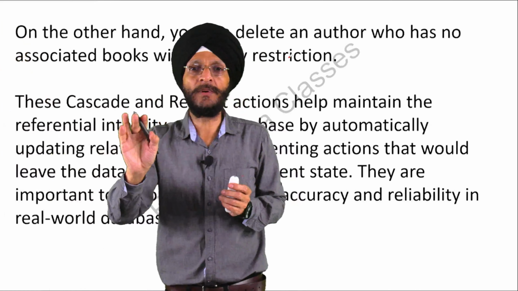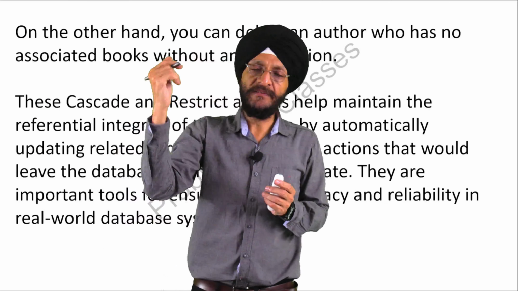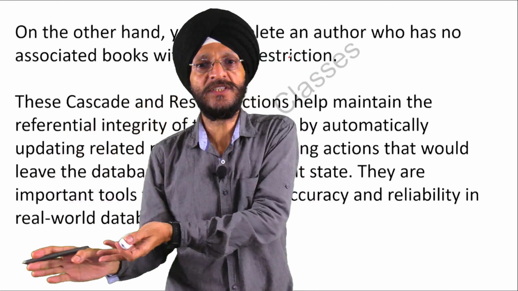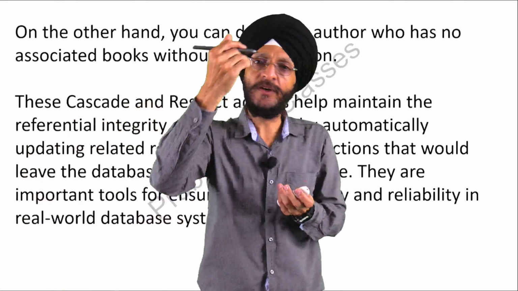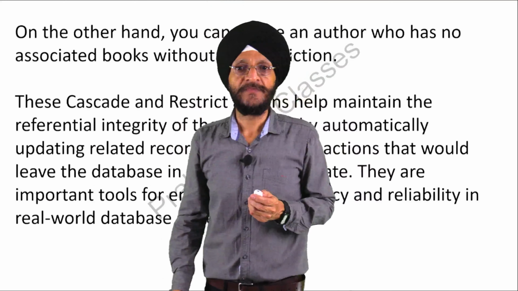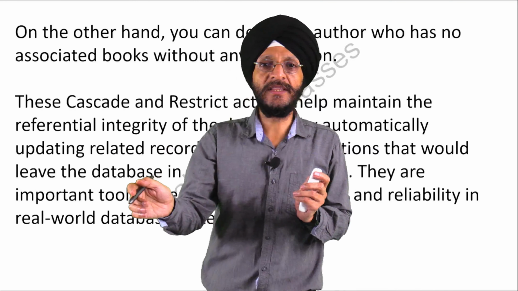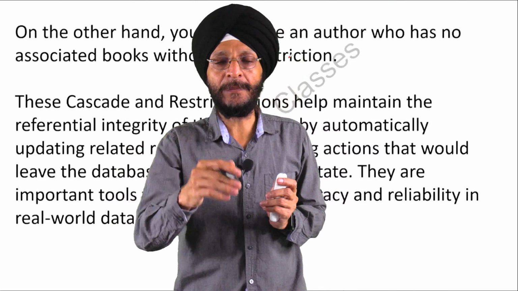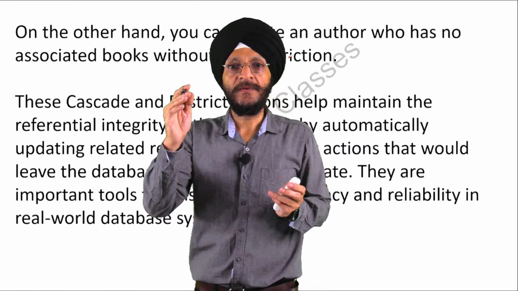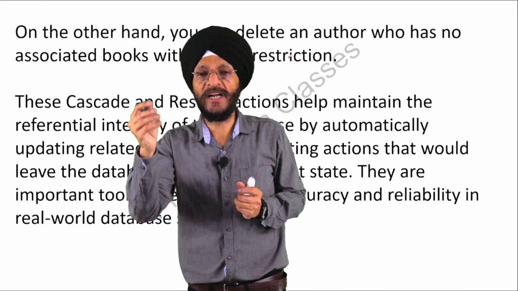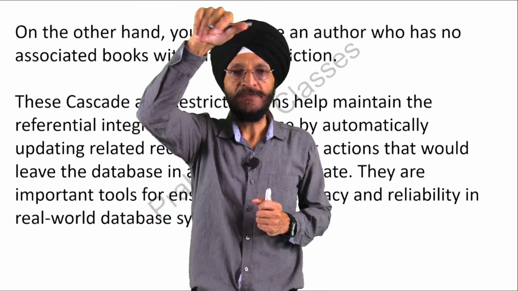There will be no problem even if there is a restriction in place, because there is no book to his credit, and so the system will allow you to delete his name from the author ID, because there will be no book in the books table which will be having the author ID which is not existing in the authors table.